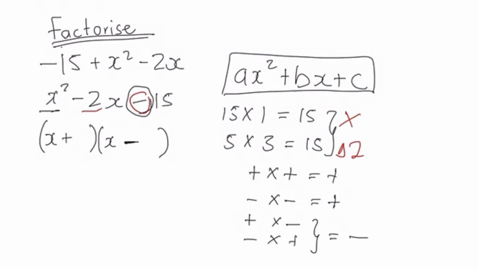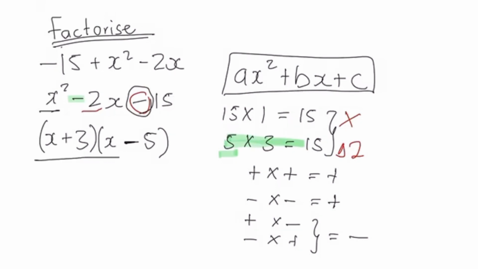Now let's place our chosen factors, that is this group of 5 and 3. How do you place them inside the bracket? You place them in such a way that the bigger magnitude, that is 5, receives the sign of the middle term, that is the negative 2. So 5 will be there and the 3 will be here.